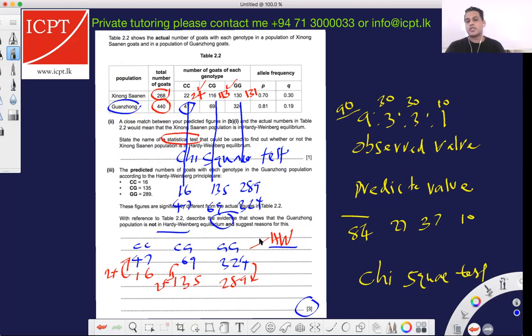If it is not in Hardy-Weinberg equilibrium, it means one of these conditions is not met.